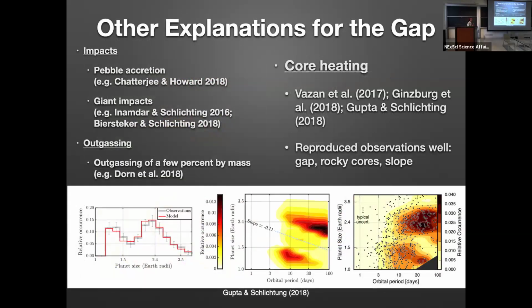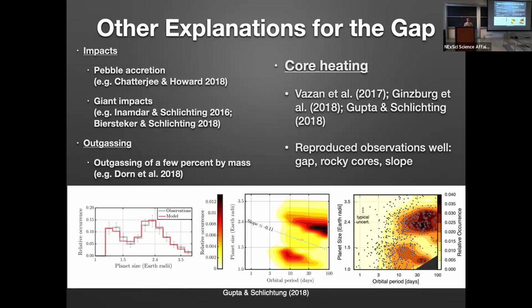So photo-evaporation is definitely a popular way to interpret and explain the planet radius gap, but it's certainly not the only one. There's been ideas that an influx of pebbles during late stages formation of these planets can sufficiently heat and drive off the atmosphere as well.